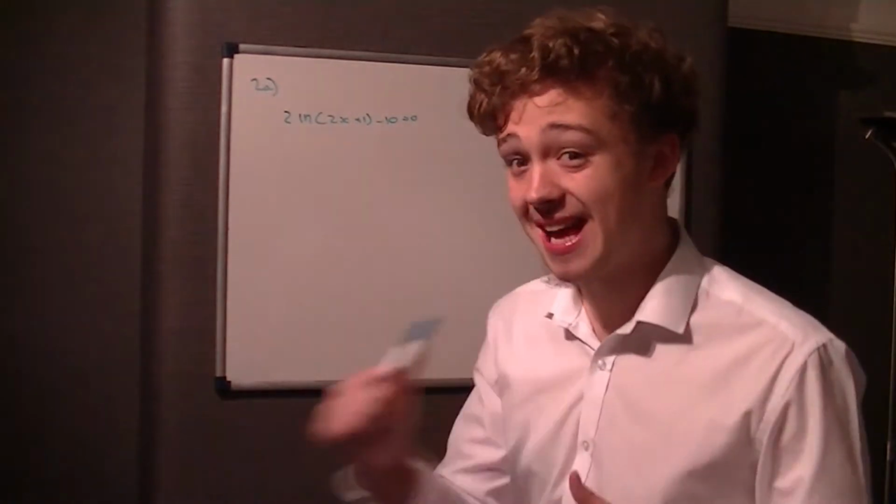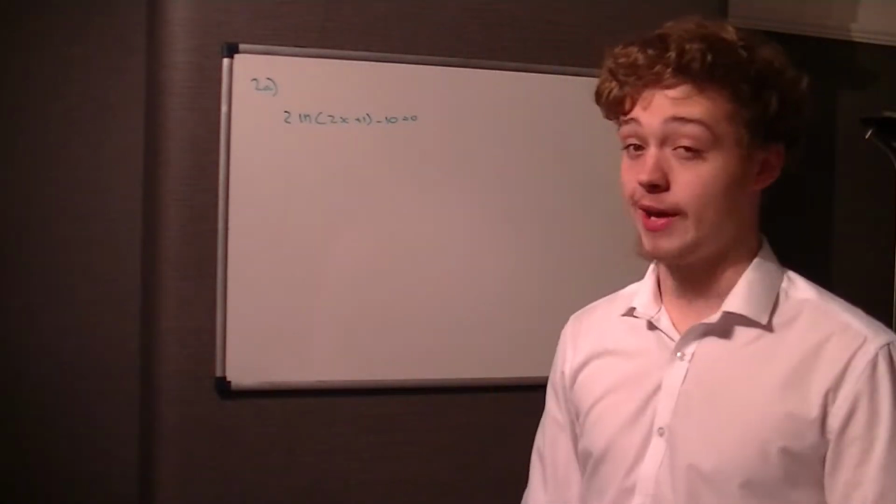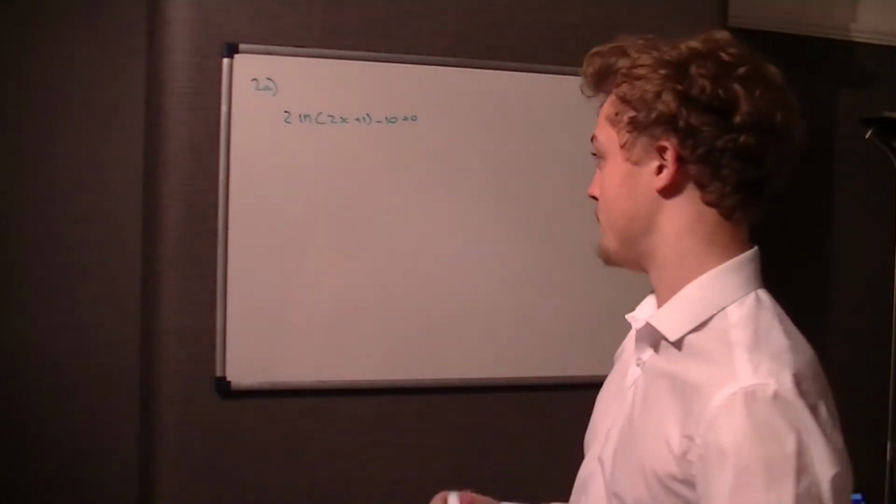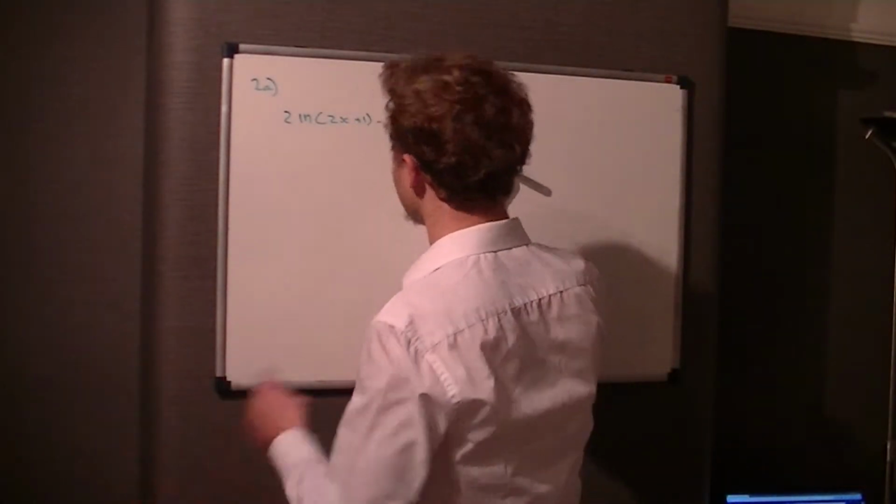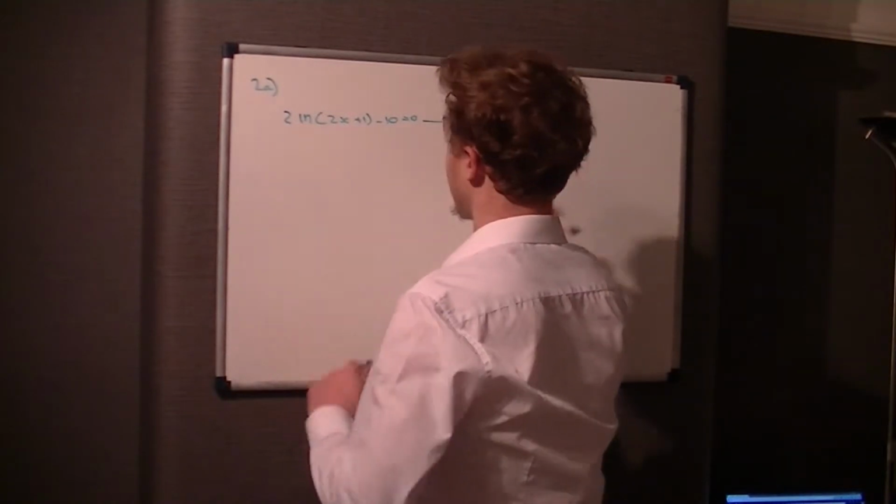But since this is ln and not sine, the inverse of ln is not ln to the minus 1. Well, it is, but that gets you the exponential. So that's what we're going to do in this question.